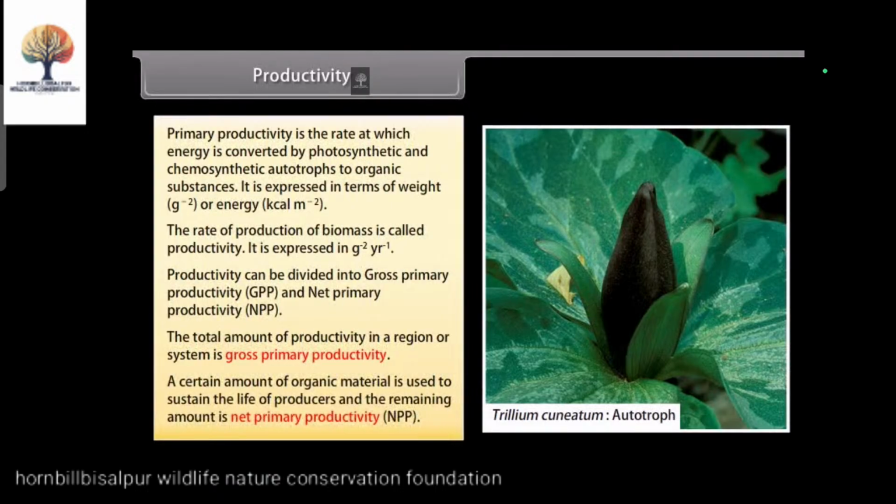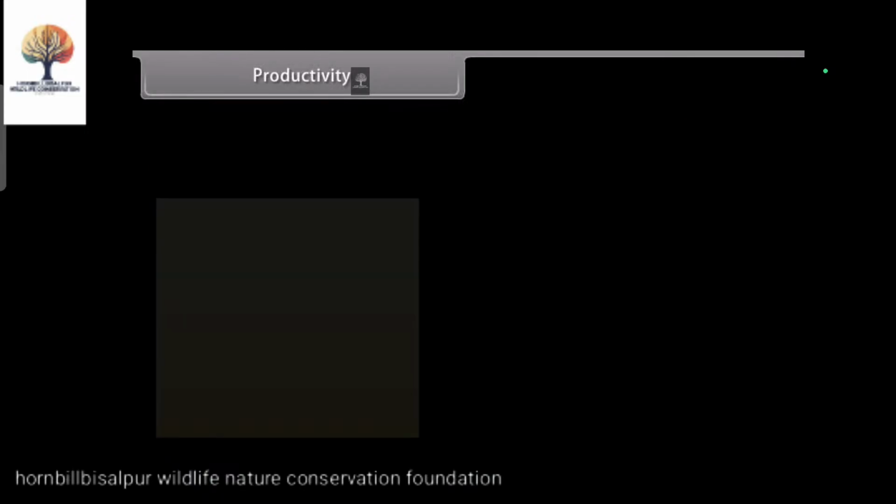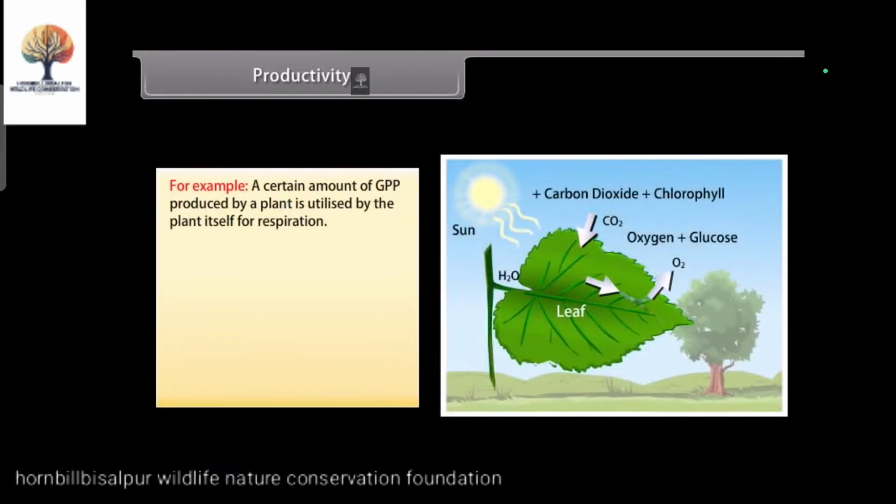A certain amount of organic material is used to sustain the life of producers, and the remaining amount is net primary productivity, NPP. For example, a certain amount of GPP produced by a plant is utilized by the plant itself for respiration. NPP is equal to GPP minus energy lost in respiration.